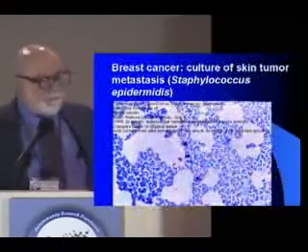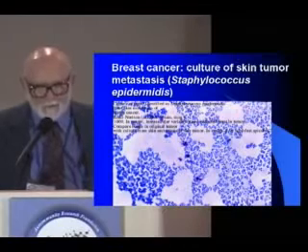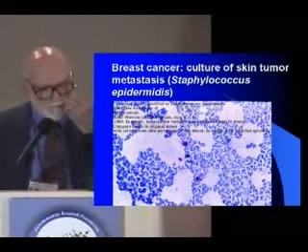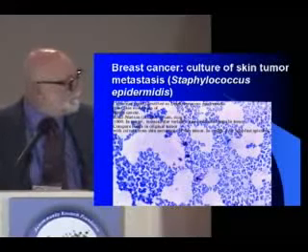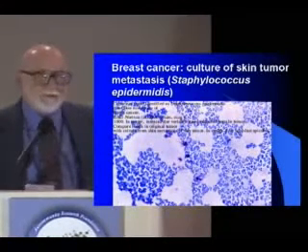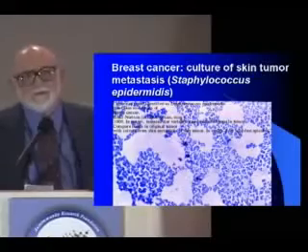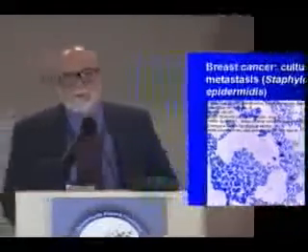And again, one final view of the bacteria that was cultured from the skin metastases, showing you that cancer microbes basically are very simple little microbes that nobody pays any attention to. But these are the microbes that have existed with us and on us since time immemorial. That's why surgeons scrub their hands, put on gloves and wear masks, because you don't want these little simple germs to get in your body when you're being operated on.